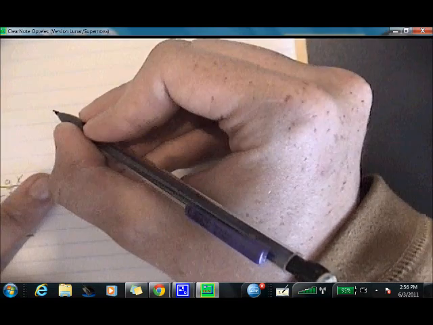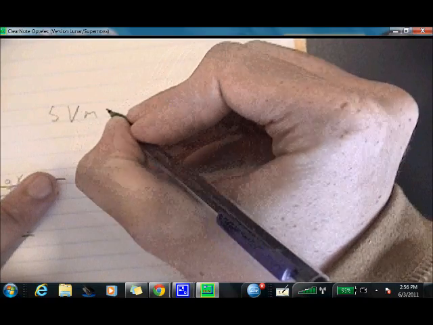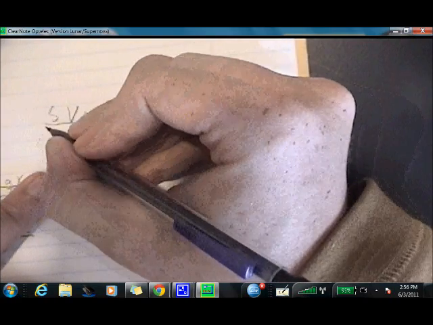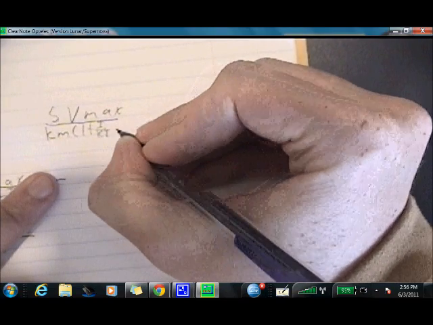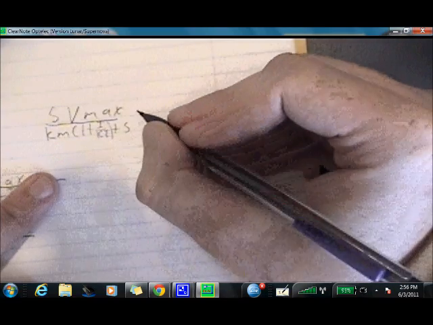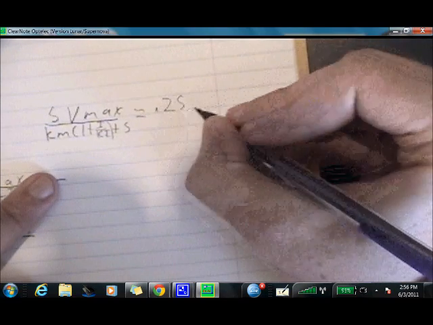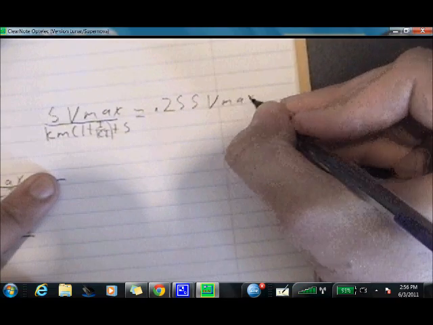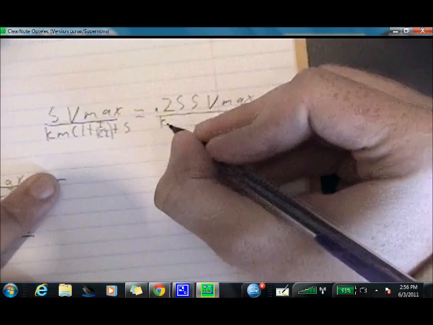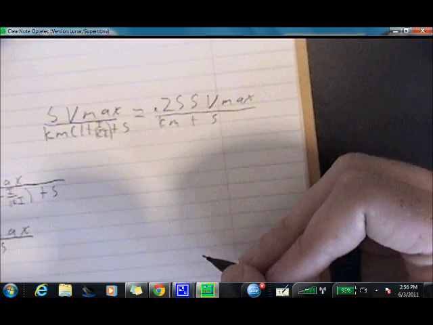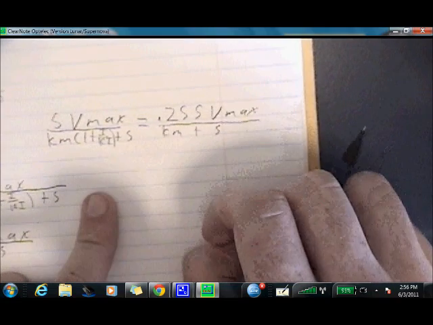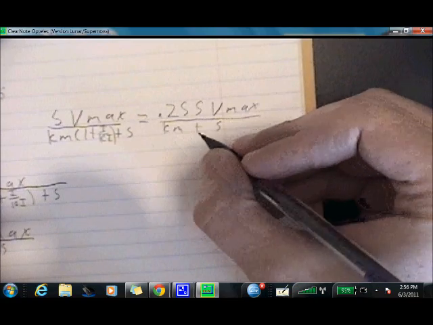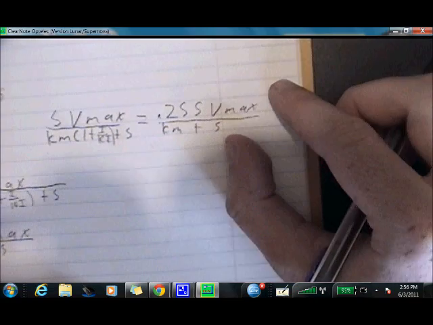Now we're going to plug these two values into this equation right here. So it's going to be S Vmax divided by Km times 1 plus I over Ki, plus S, and it's going to equal 0.25 S Vmax divided by Km plus S. 25% of our original velocity equals our inhibited. So now I'm going to multiply by the reverse of this.